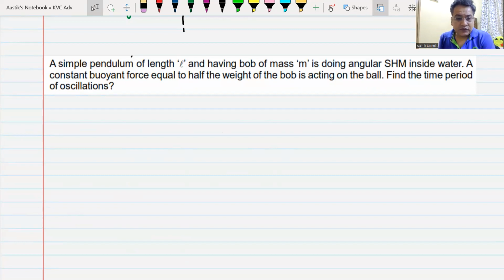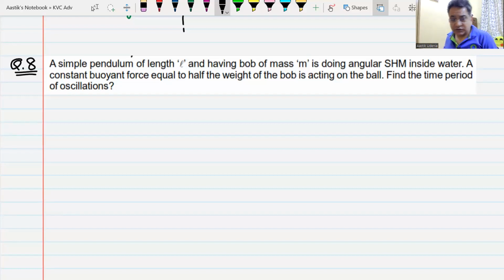A constant buoyant force equal to half the weight of the bob is acting on the ball. So this question is just framed in a different way. Find the time period of oscillations. I'll give you 2 minutes to do this, not more than 2 minutes. After 2 minutes, I will solve it.